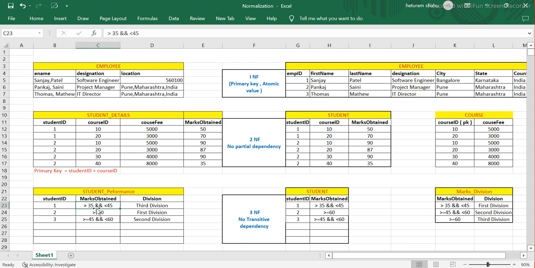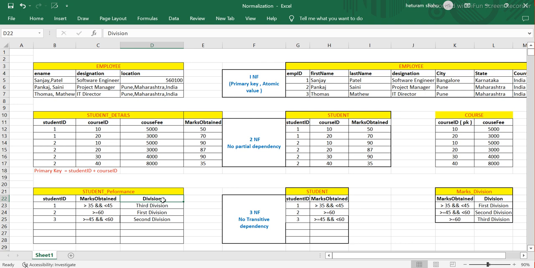So marks obtained is directly related to student ID, right? However, if you see this division, students 1, 2, 3 have got these divisions.